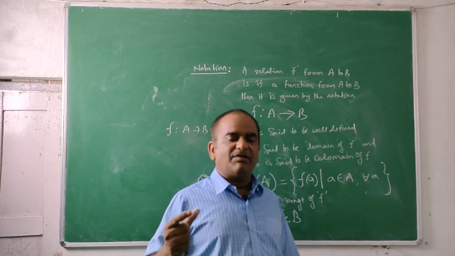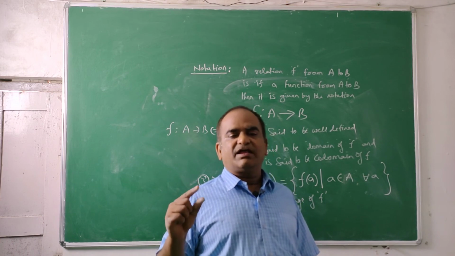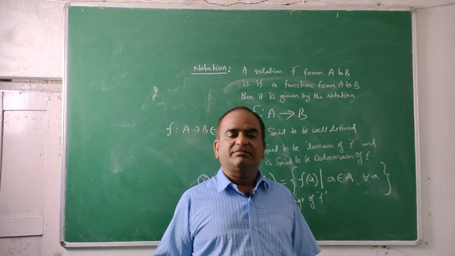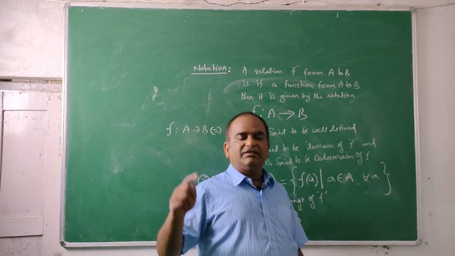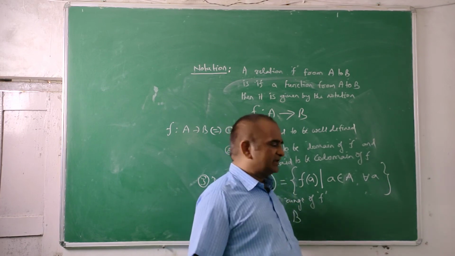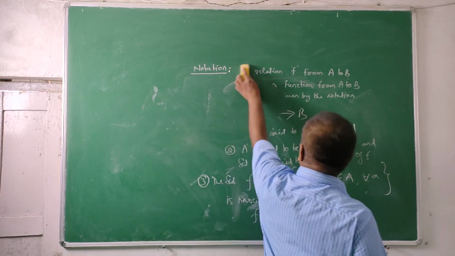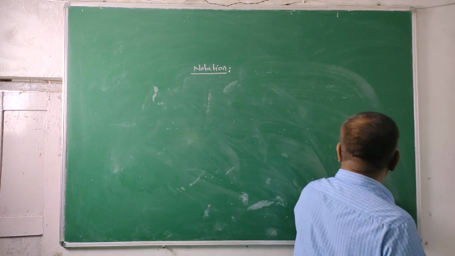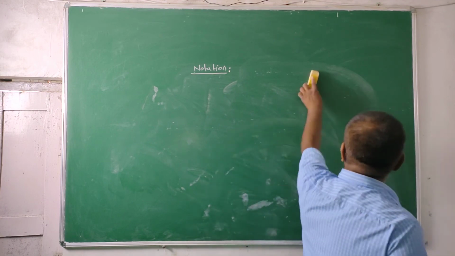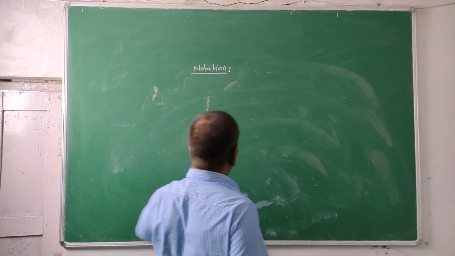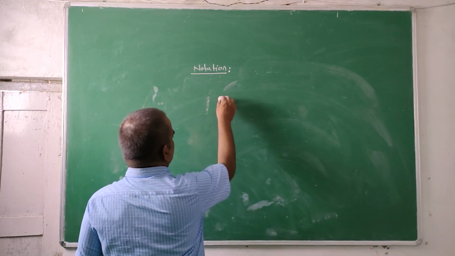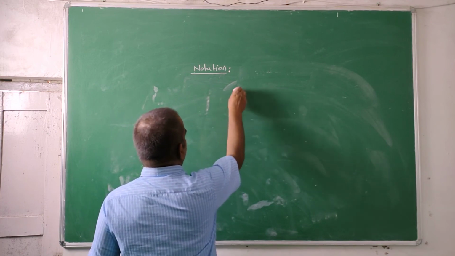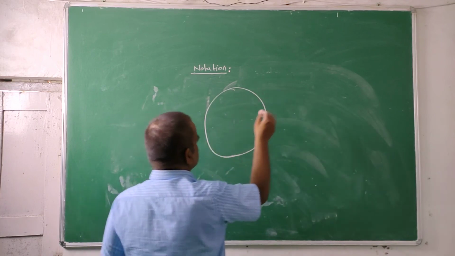So now let us take an example. Let us write what the domain, codomain and range are, and let us see this concept also, that range is a subset of B. If you practically see one example, you can understand more clearly. See, for example, suppose, let us take an arrow diagram.